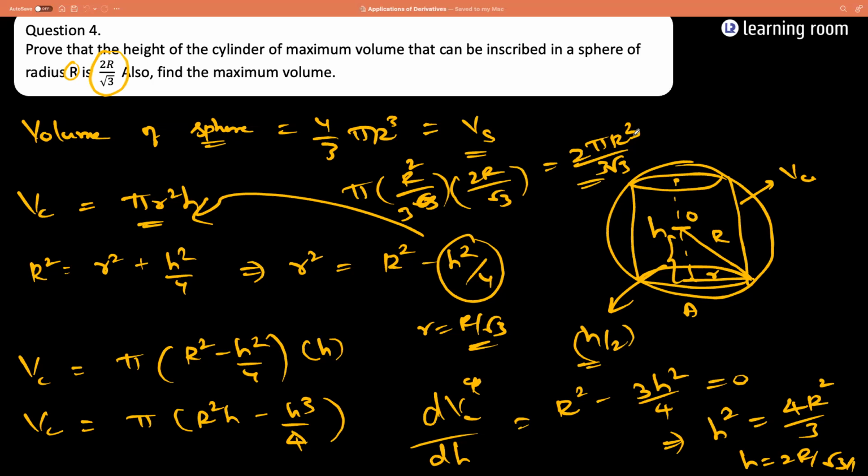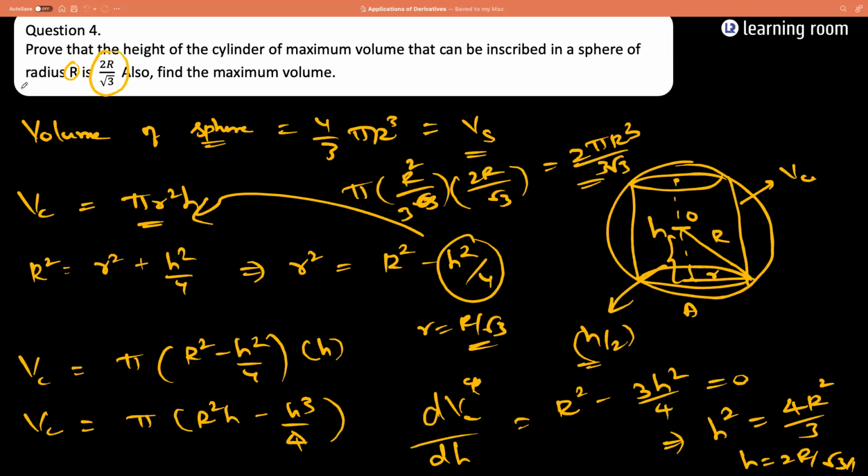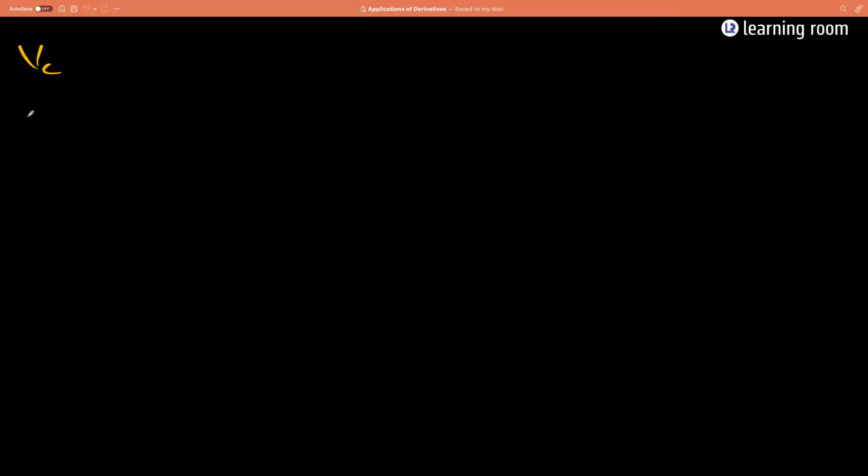Right. So volume of cylinder. How much are you getting the value of small r as? See, h is equal to 2 capital R divided by root 3. We know that small r square is equal to capital R square minus h square by 4.